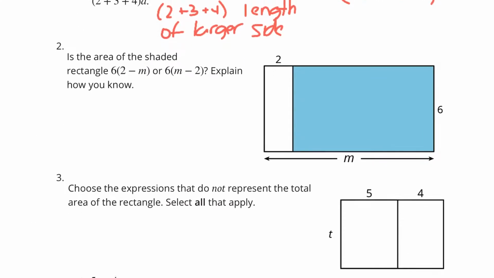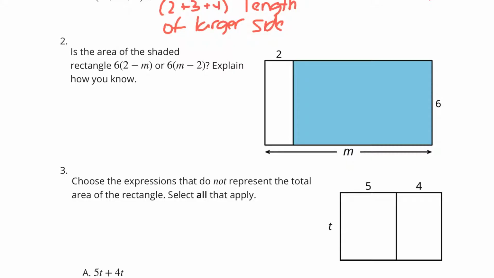All right, is the area of the shaded rectangle 6 times 2 minus m or 6 times m minus 2? Explain how you know. Well, it's going to be 6 times m minus 2. The entire length here is labeled with the m.